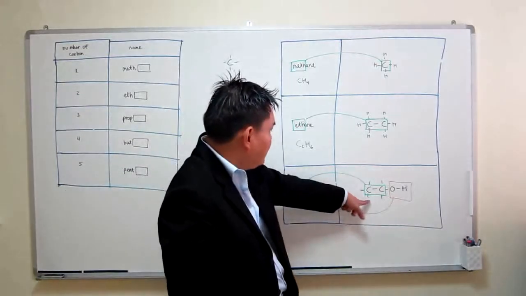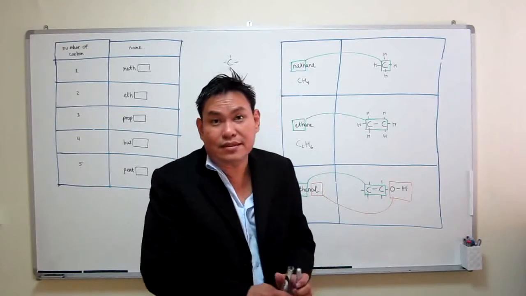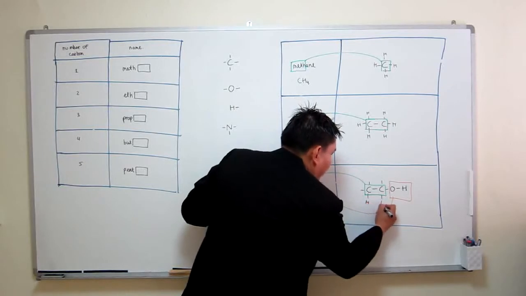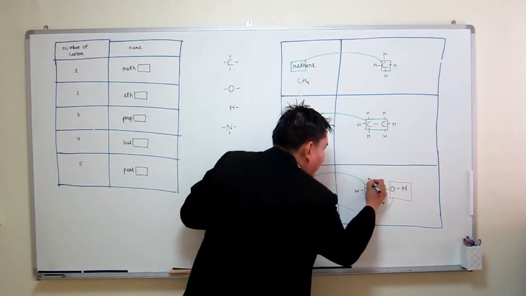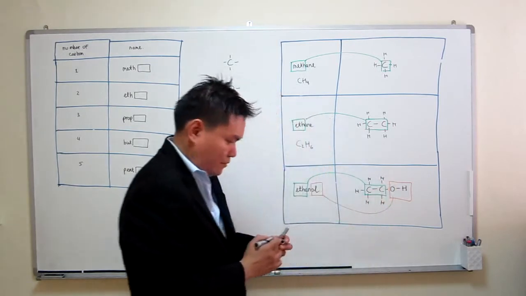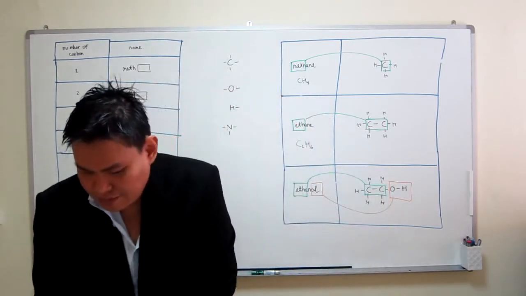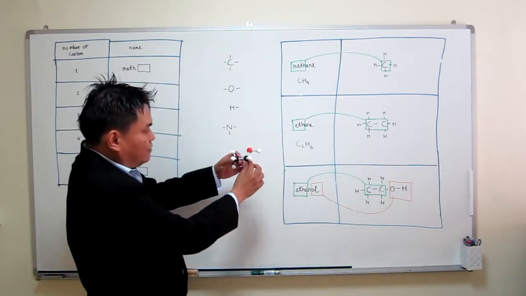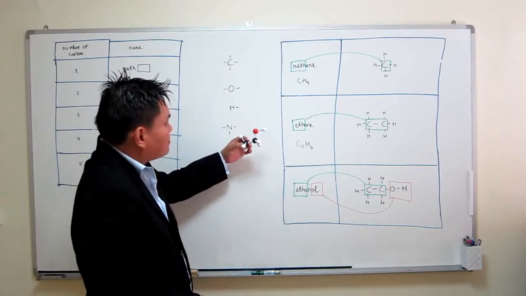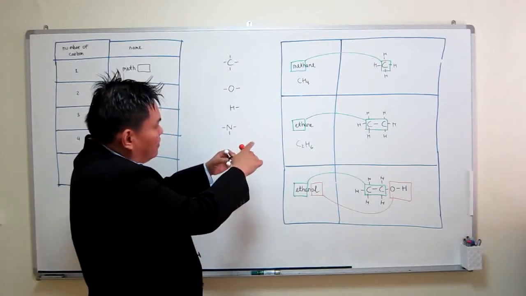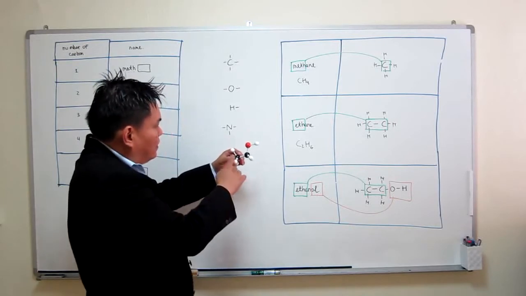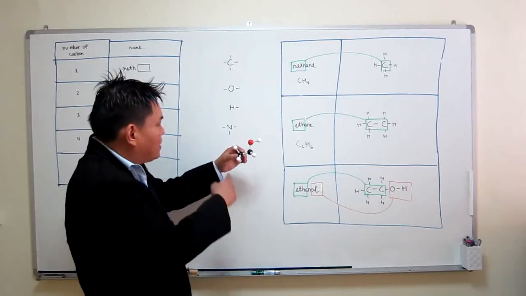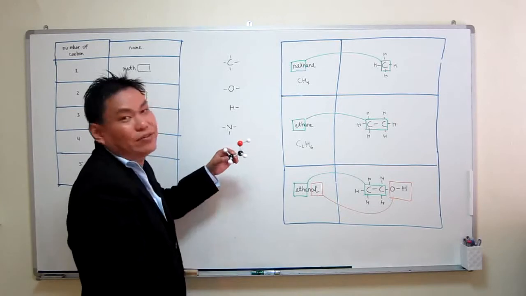And don't forget, the carbon must be connected with something, so by default we put hydrogen there. The chemical model for ethanol is this one. You have 2 carbon, you have O then H, and all the extra connections of the carbon must be connected to hydrogen.